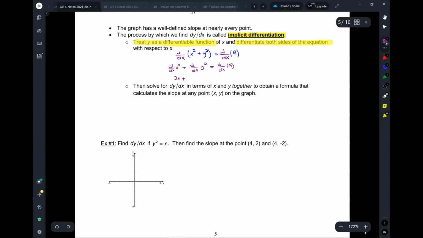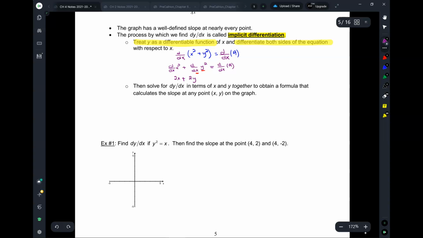Notice it's the derivative of x squared with respect to x. Do you see how those are the same variable? Here, I want to find d/dx of y squared with respect to x. And that is a problem. We have to do something different with it. We're going to use the chain rule. How do you take a derivative of y squared?